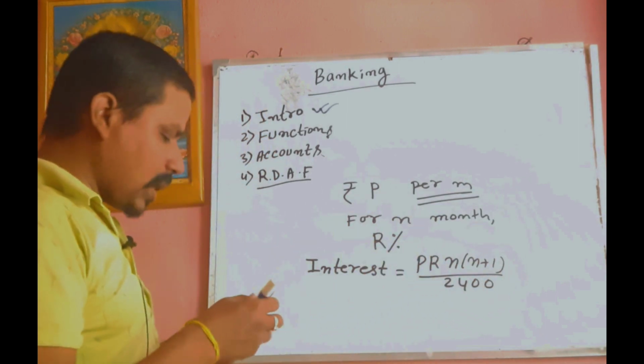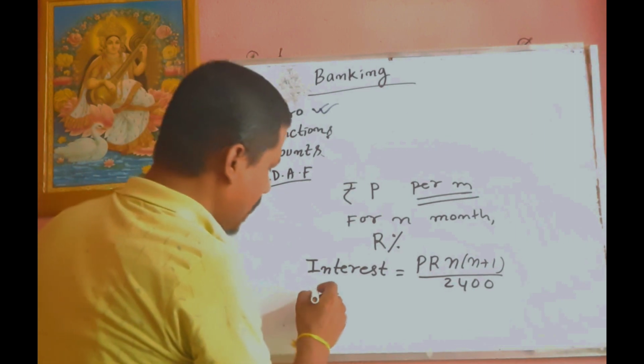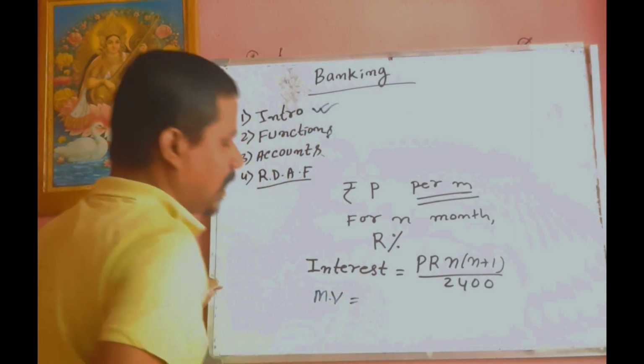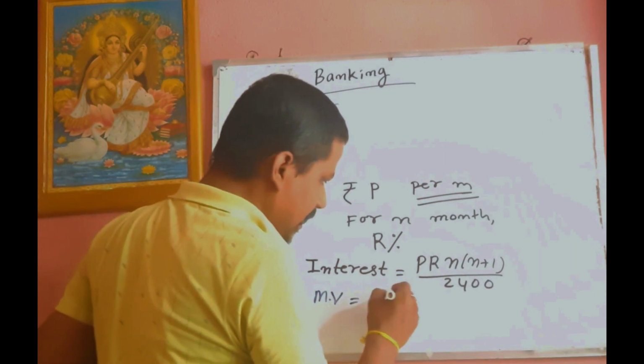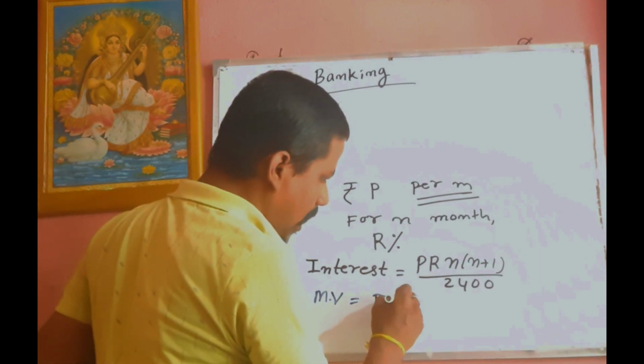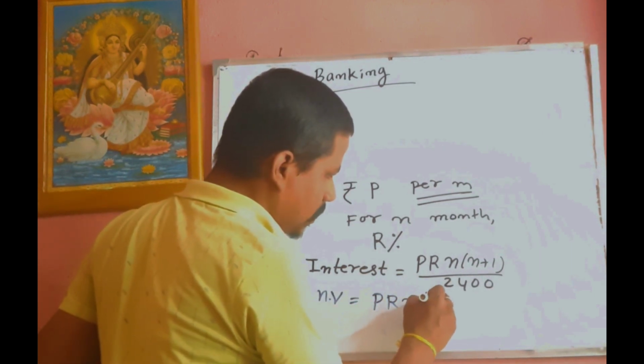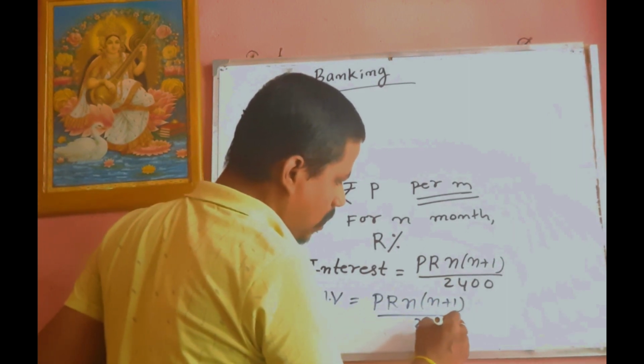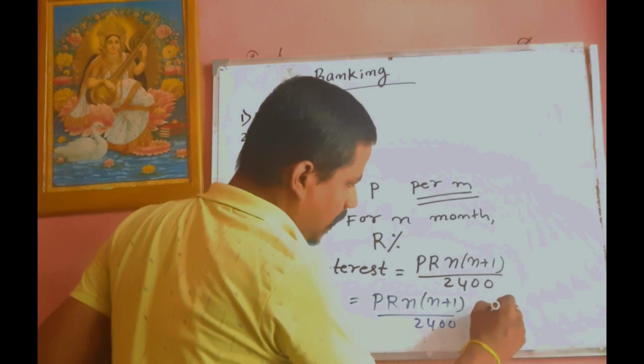And now there is the maturity value, MV. The maturity value will be the interest, that is P into R into n into (n plus 1) divided by 2400, plus P into n.